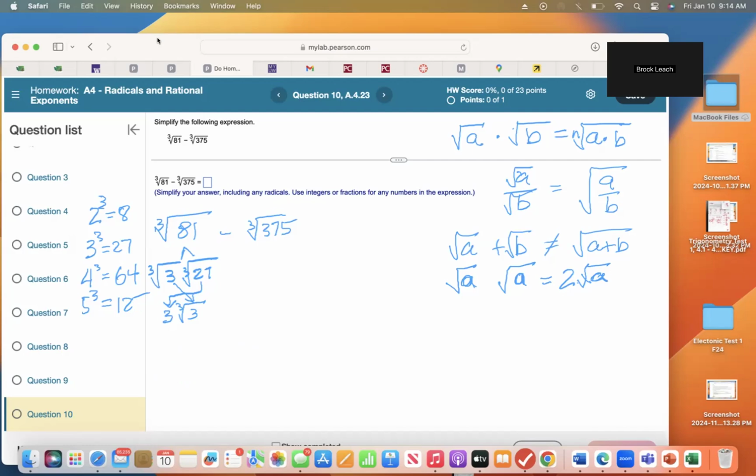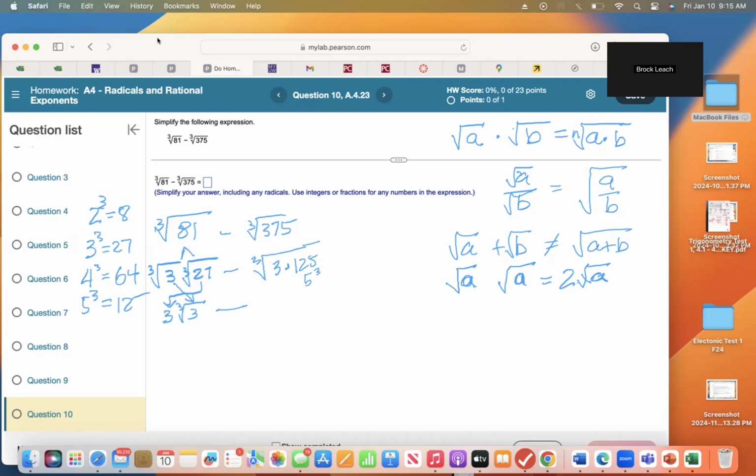125 goes into 375 3 times. So I can break this one up into 3 times 125. Sometimes this does weird things. And so the 125 comes out. 125 is 5 cubed.